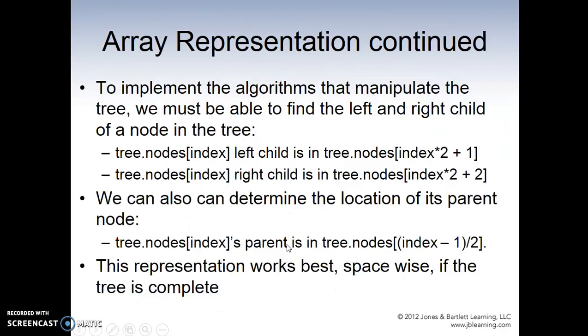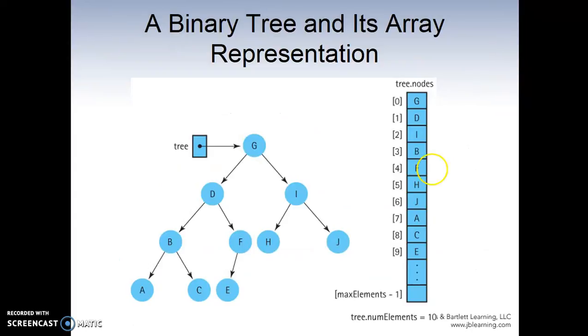Now, if we look at this, we can actually refer to the child of a node by using a formula. Let's say we want to identify the left child: we can just say index times 2 plus 1. For example, what's the left child of F? F is index 4, times 2 is 8, plus 1 is 9.